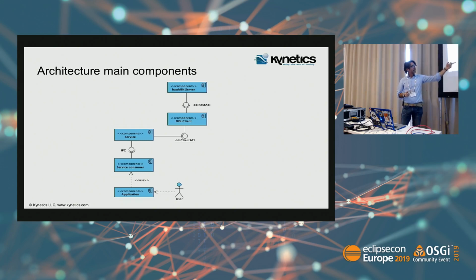And at the end of the day, we have an application that wraps the service consumer API, and is the only way your system is controlling the client. And then, of course, everything is coming from the hawkBit server. Again, many of the systems we are working on work in kiosk mode.